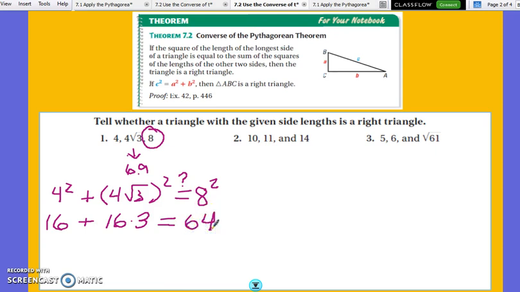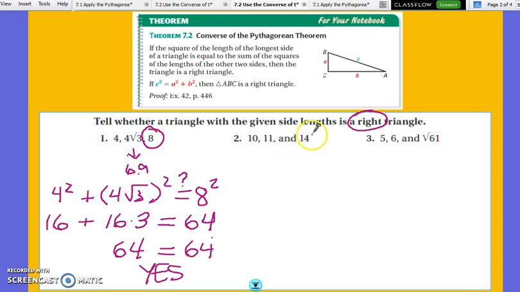So we take 16 plus 16 times 3, and we get 64, which equals 64. Tell whether a triangle with the given sides is a right triangle. Yes, we have a right triangle. So you would do the same thing for these other two.